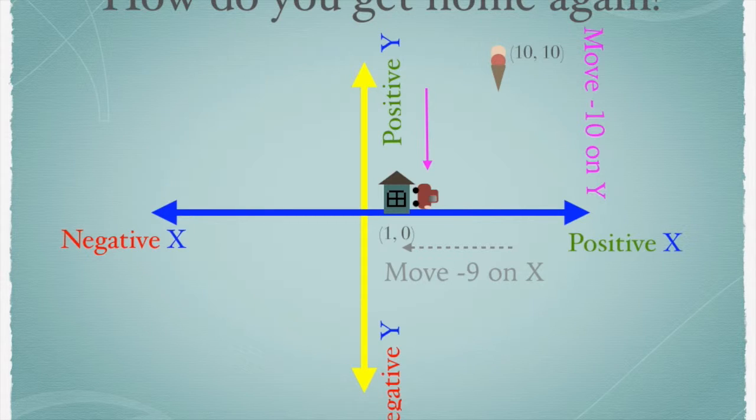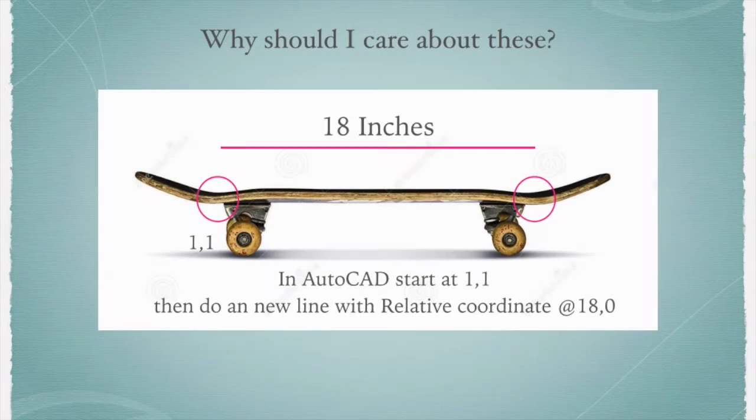So why would you actually care about these in real life? Well, let's say you had to design this skateboard. This skateboard, let's say this deck in between here, between the circles I have here, is about 18 inches, just a guess. You can't really see this skateboard as a grid, like an absolute coordinate grid, so you can't really say that one end is 1,1 and the other end is, I guess you could measure it out and figure that out that way.